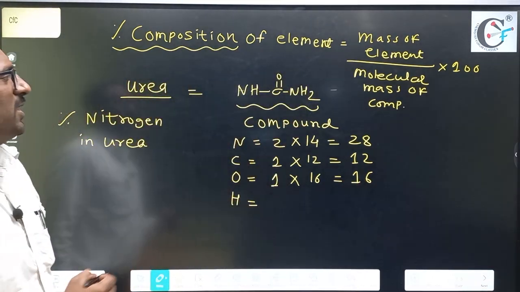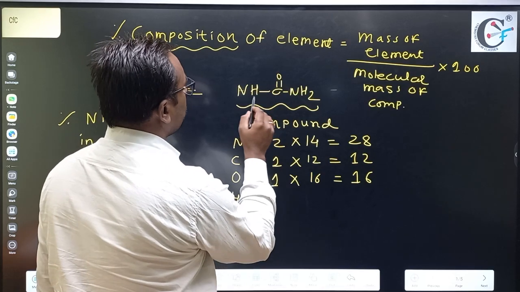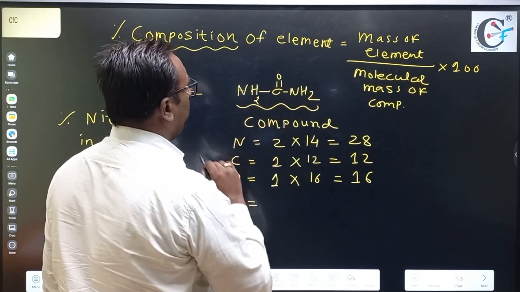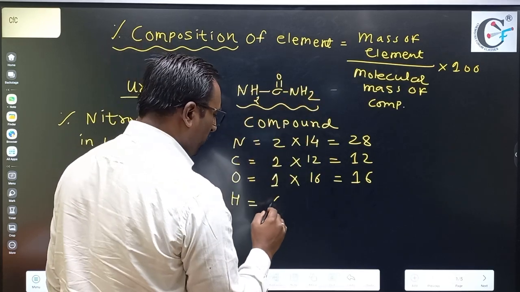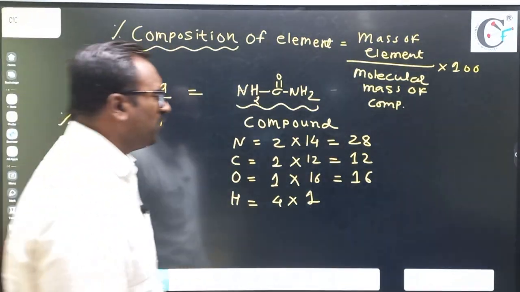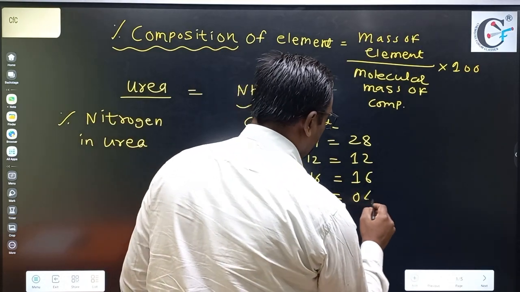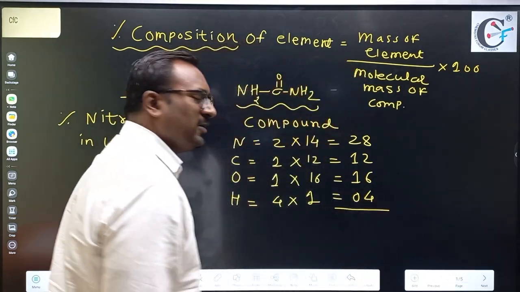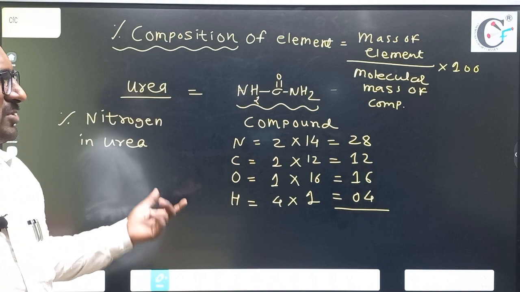How many hydrogens do we have? NH2, C double bond O, NH2. There are 4 hydrogens. The molecular mass of 1 hydrogen is 1, therefore 4 into 1 is 4. If you add, the total will be the molecular mass of urea.